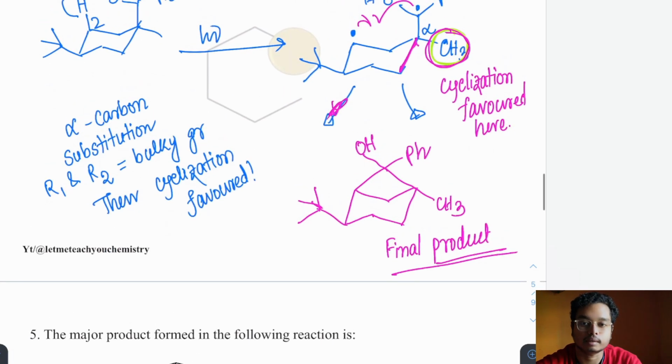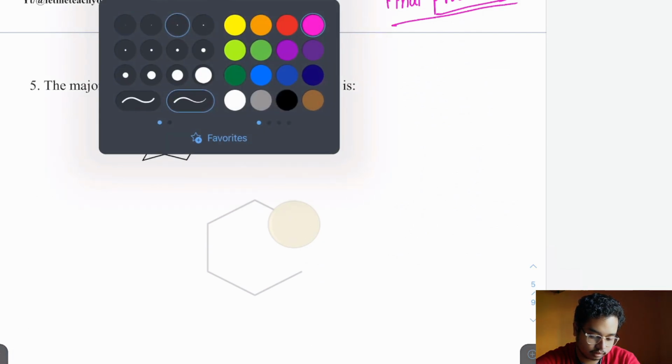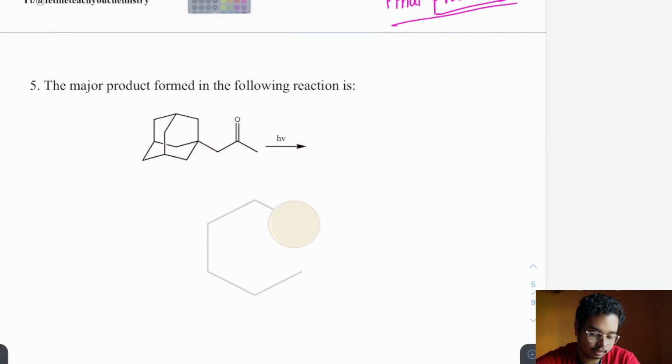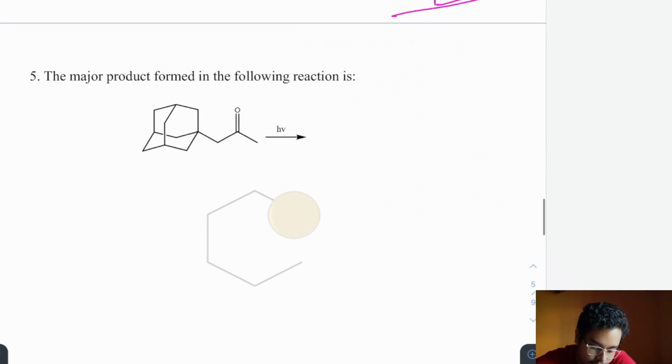Now let's talk about the next question. So here also, the same. Here also there is a possibility of Norrish type 2 reaction because here this is the alpha carbon, this is the beta carbon, this is the gamma carbon. Okay.